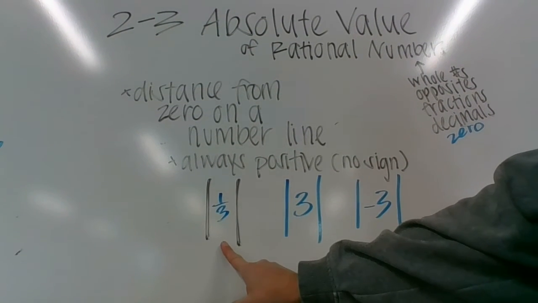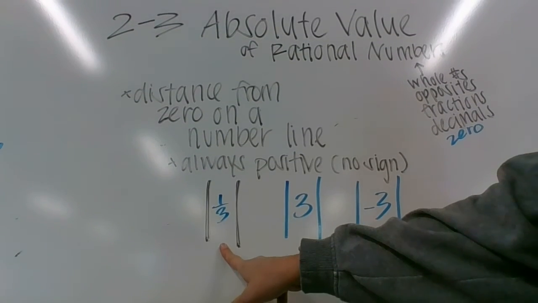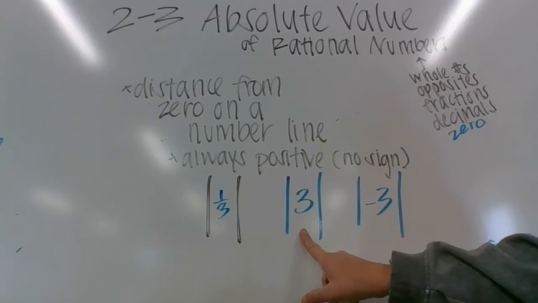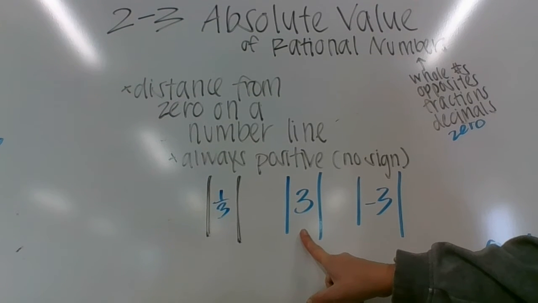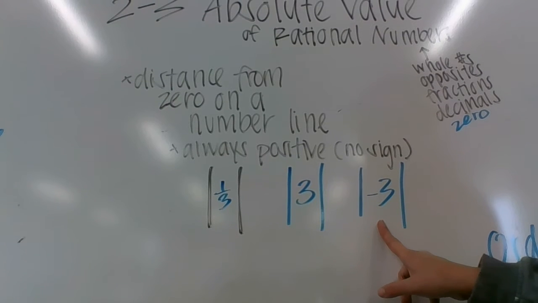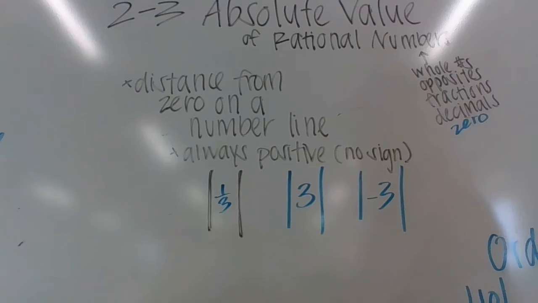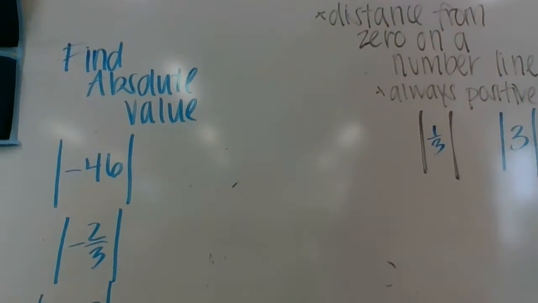So the absolute value of this one right here would be 1/3. We're just taking off any positive or negative signs. Absolute value of 3 would be 3. Absolute value of -3, same thing, we're thinking how far away is from zero. It is also 3.